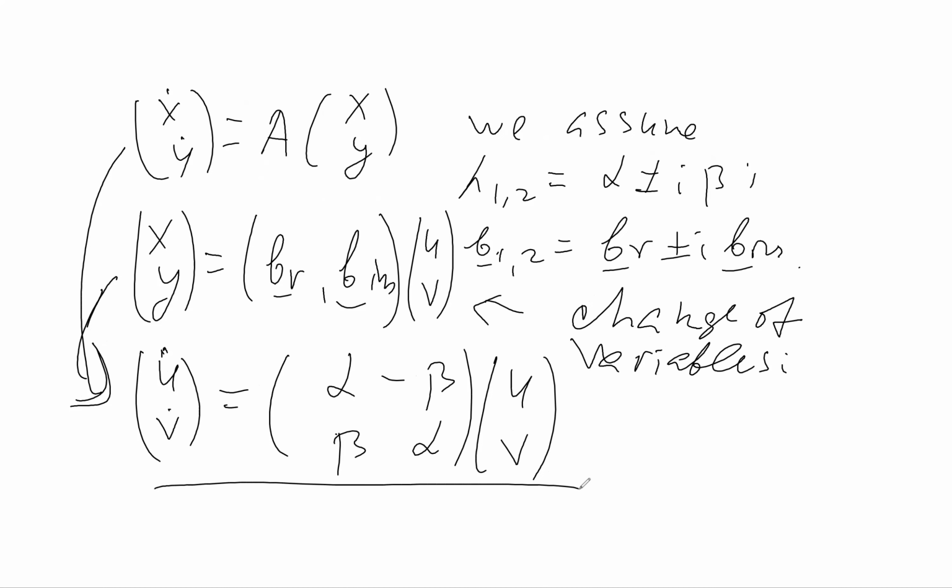And this matrix is called the normal Jordan form.